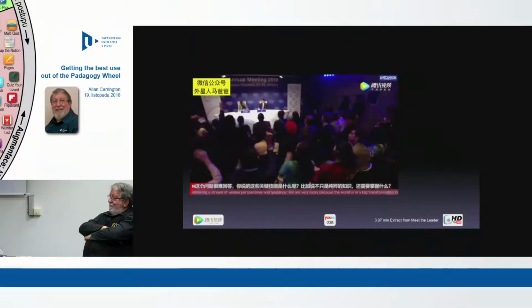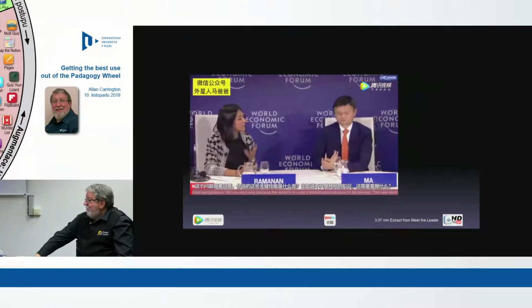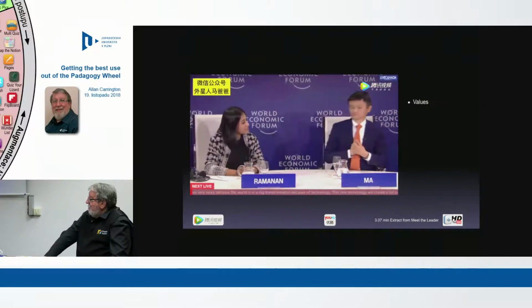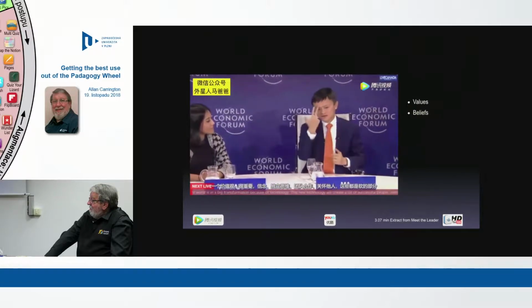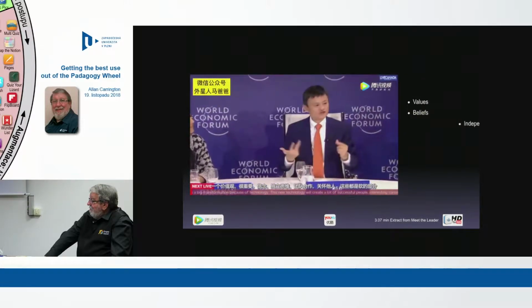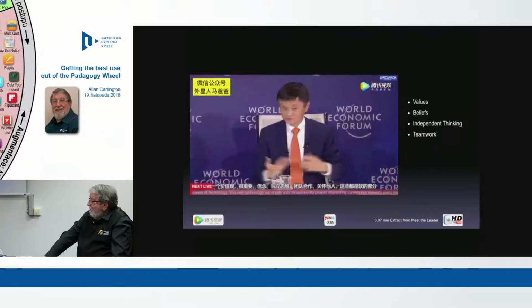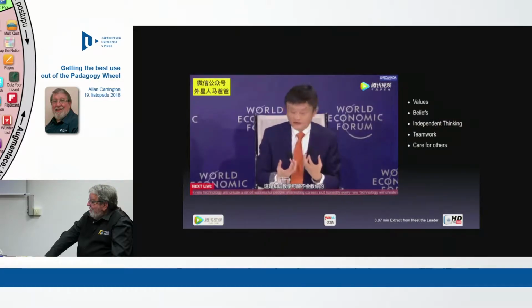It's a very difficult one to answer, but what are those skills that you think we need to teach? If we're moving away from knowledge, what are the key things? Value, believing, independent thinking, teamwork, care for others. These are the soft part. The knowledge may not teach you that.